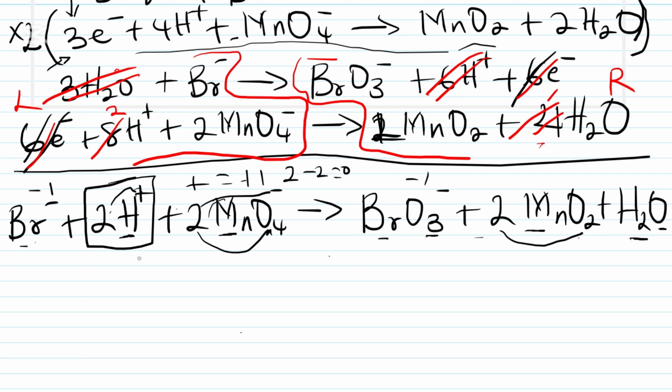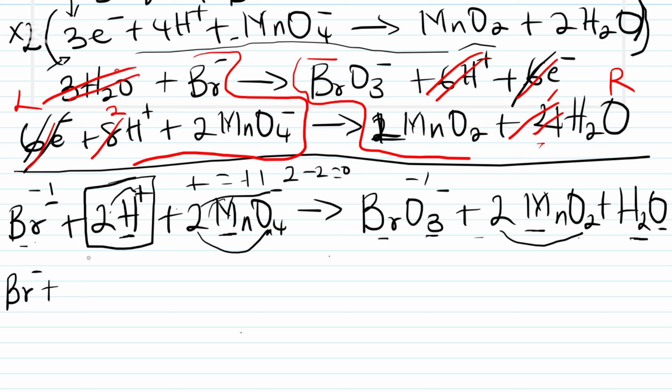Here now we have Br minus plus, I'm going to put my OH. Sorry, we're supposed to put a 2OH minus because we have 2H plus. So if you have, for example, 2H plus, we're also going to add 2OH minus.